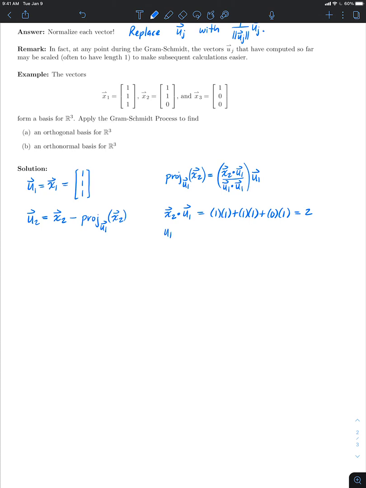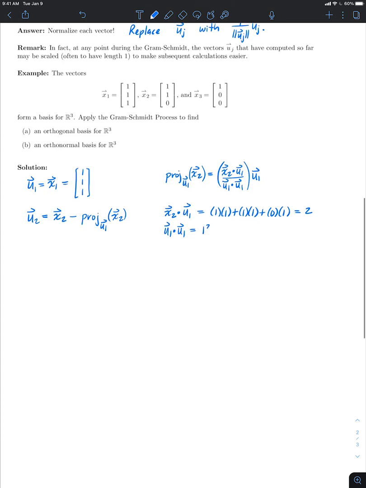Now we've got to also take the dot product of u1 with u1. So you're going to get 1, the first coordinate squared, plus 1, the second coordinate squared, plus the third coordinate squared. Really, what am I doing here? When you take the dot product of a vector with itself, that's the same as calculating its norm, except the only difference is you don't take the square root at the end.